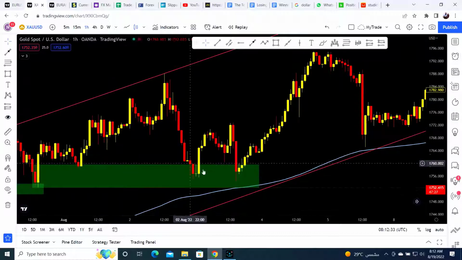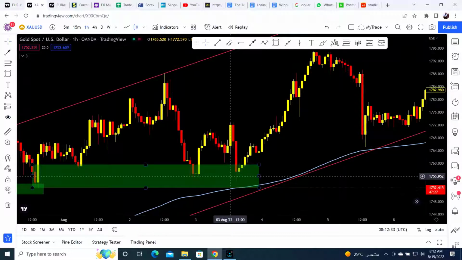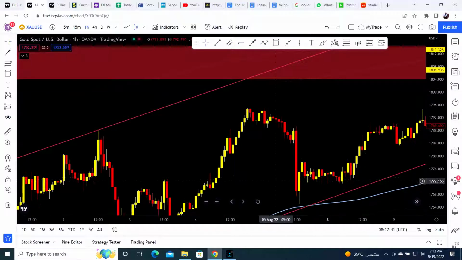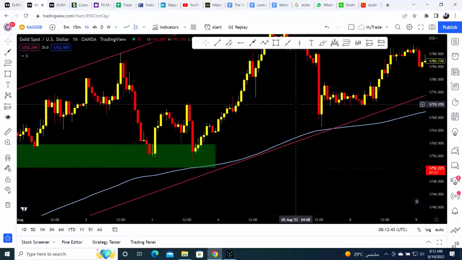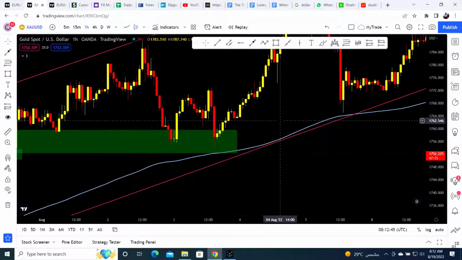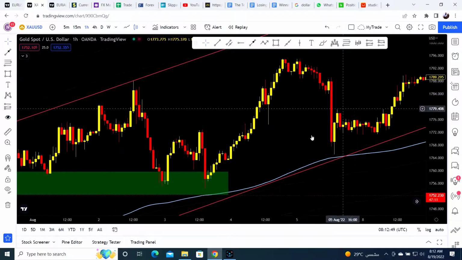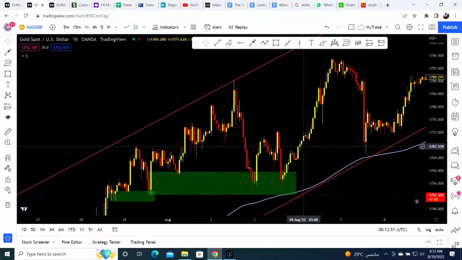After this level, price is getting closer to the zone that we are expecting price to reverse, the red zone over here. So probably I wouldn't be looking for entries again. I would just wait for price action to take its course, and after that I will look for reversals.